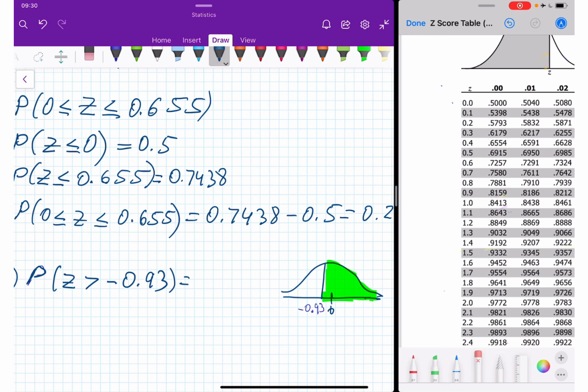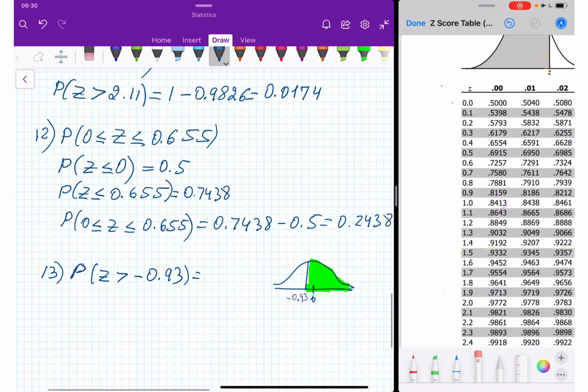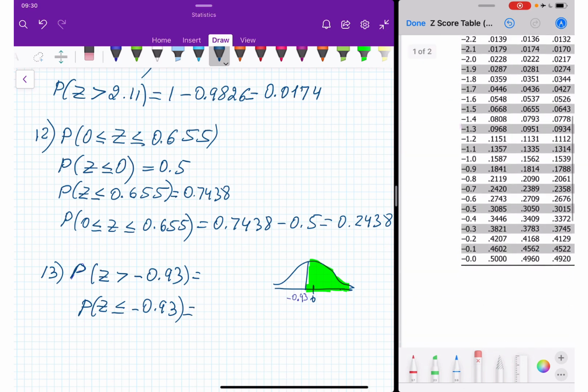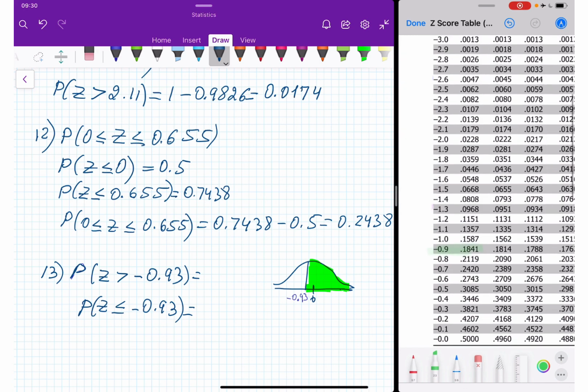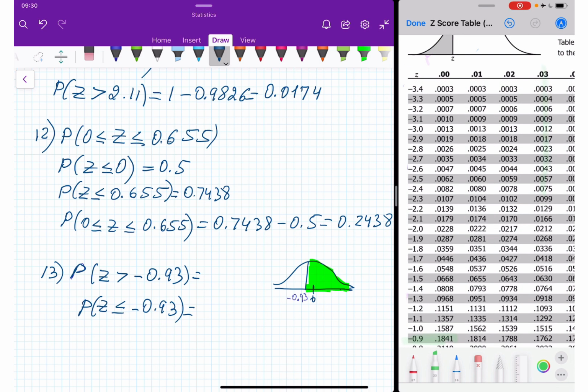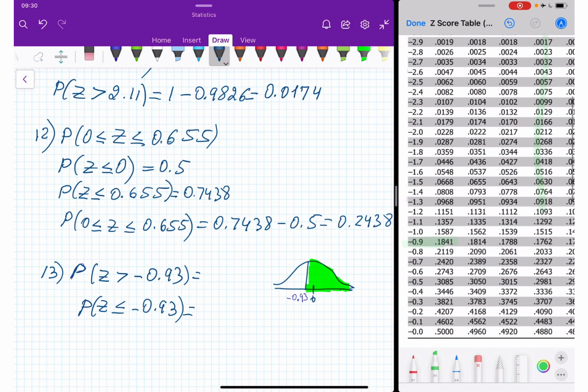First we need to find less than, right? Probability for z-score less equal negative 0.93. So let's see, negative 0.9. Where is our 3? Right here.